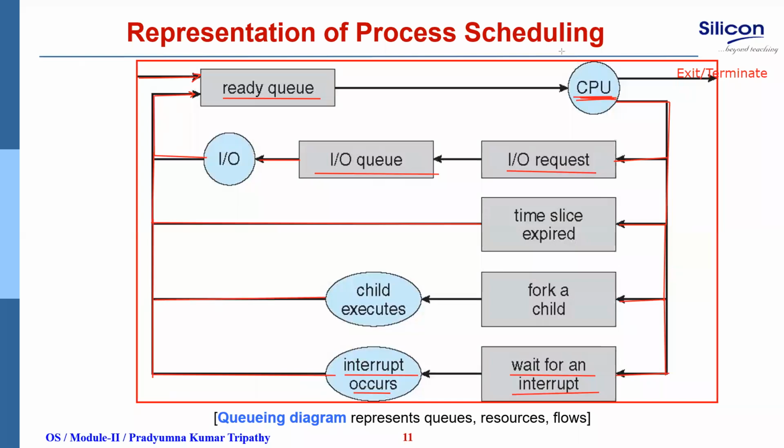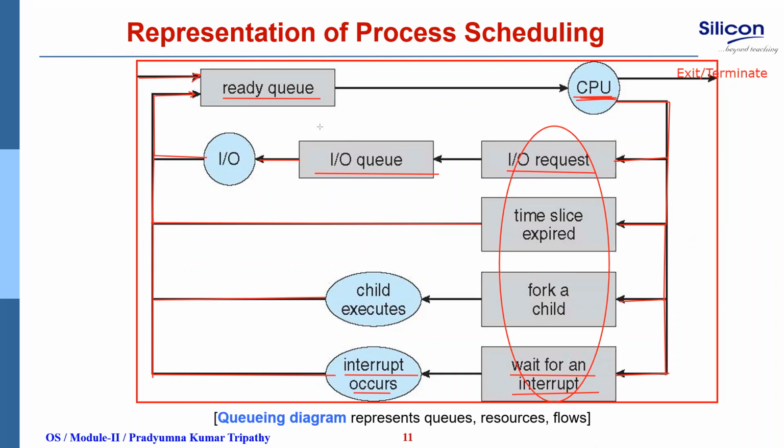Correct? So this says that during the execution of the process, any of these four may occur. An IO request may occur, the time slice may expire, it may fork a child, or wait for an interrupt.